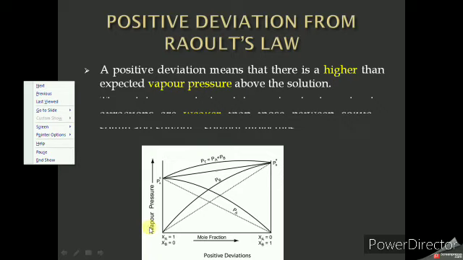Again we'll discuss that previous graph of vapor pressure against mole fraction. This line is the partial pressure of B, and this line is the partial pressure of A, where PA0 and PB0 are the vapor pressures of pure A and B respectively.